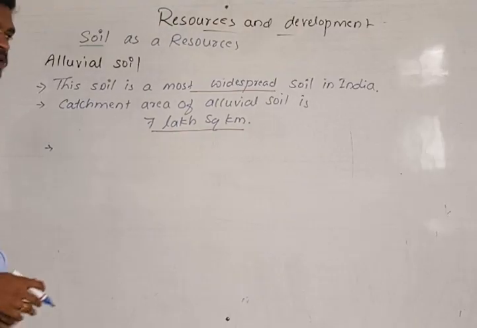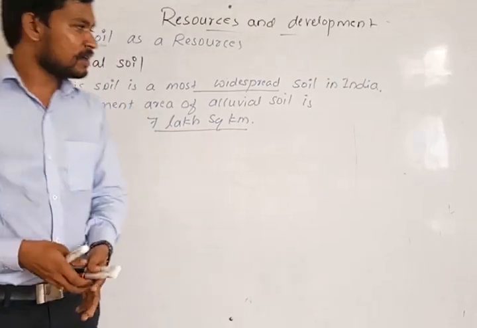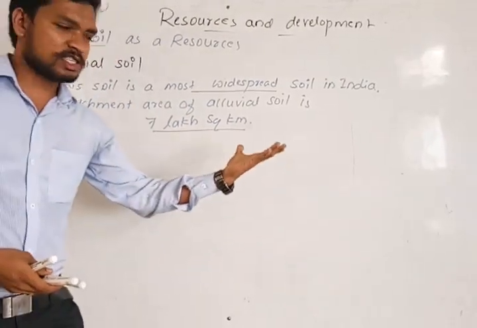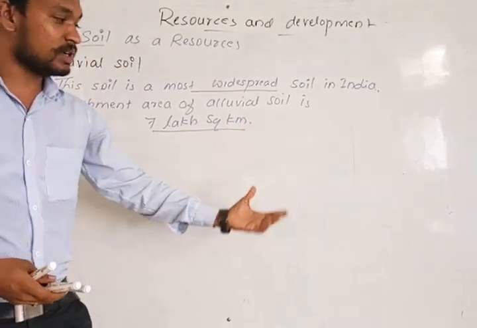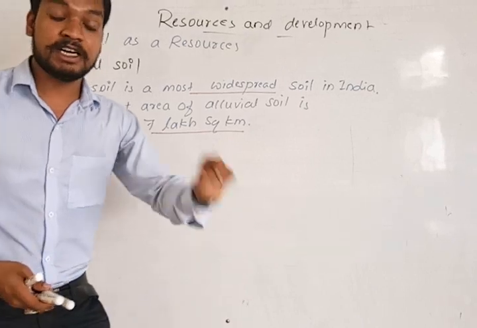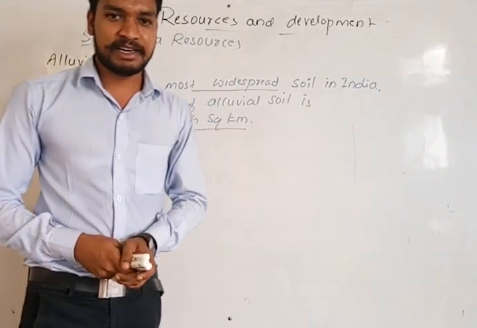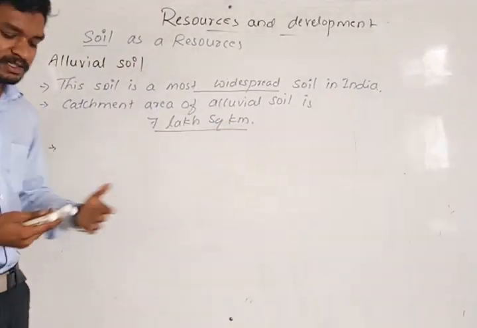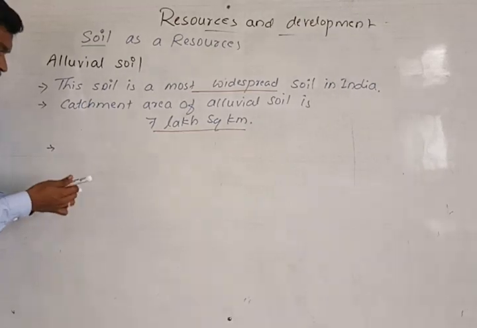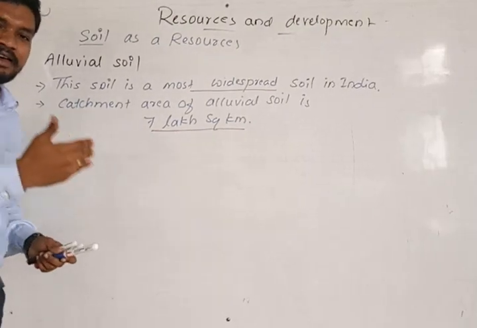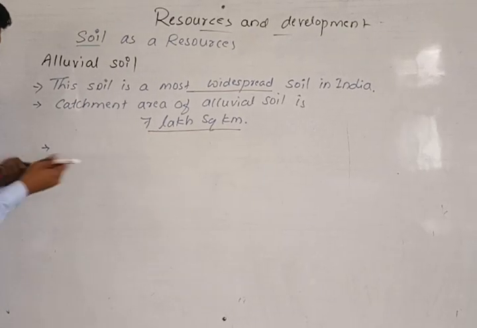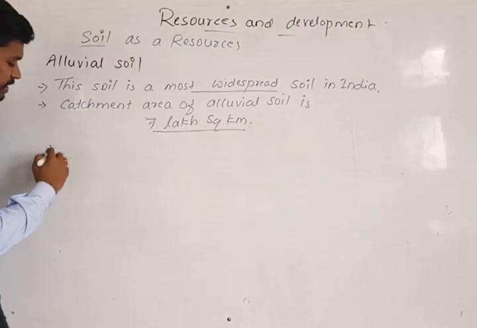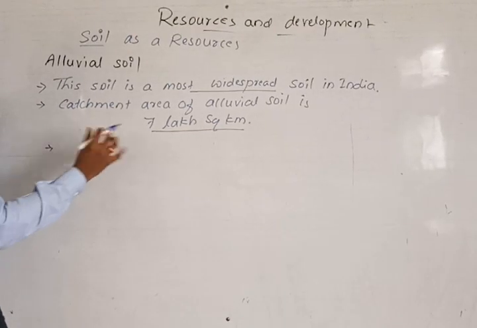As I told, the soil has gone through many processes to form the ultimate soil. The soil will have different texture, different size and different color. It is mixed with clay and silt. So it's a mixture of clay, sand and other forms of soil.